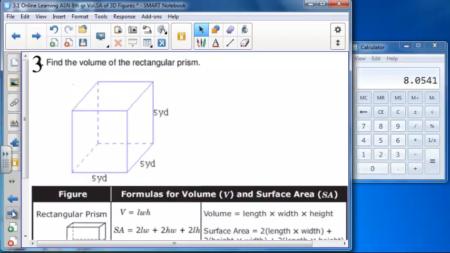Question number 3. Find the volume of the rectangular prism. V stands for volume. We'll label this dimension as the length. We'll label this dimension as the width. And we'll label this dimension as the height.